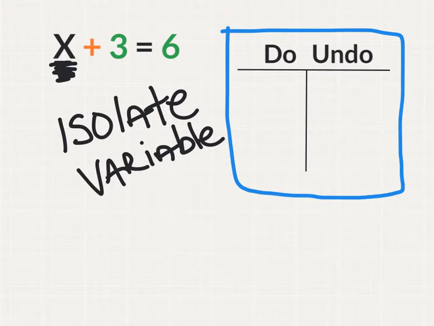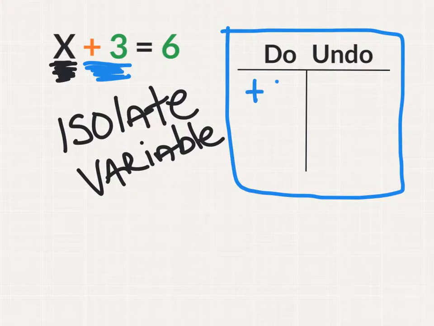So if you look at this example, x plus 3 equals 6, clearly there's something being done to x. Currently, there is 3 being added to x, and we don't want these 3 added to x. But this plus 3 is known as the do.